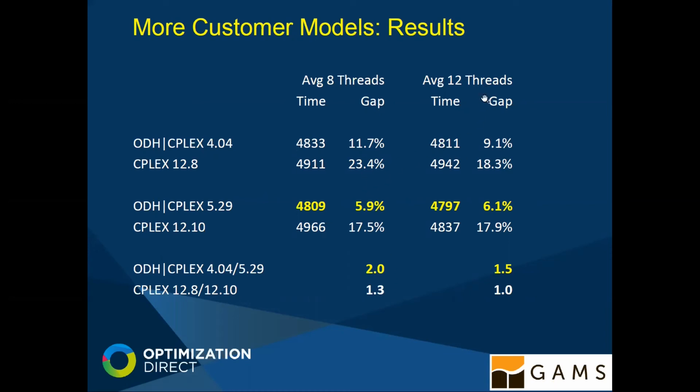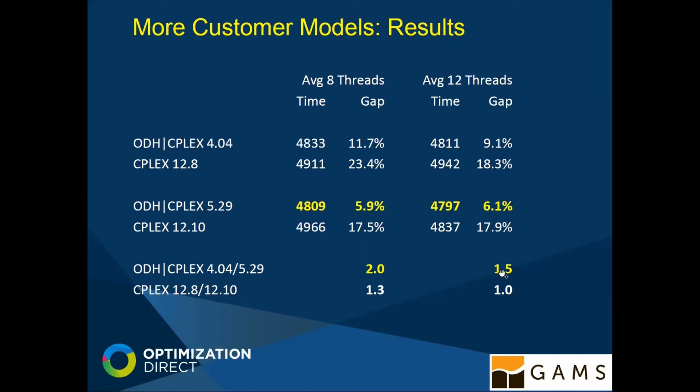There's a similar-ish story on 12 threads. Just by chance, the 12-threaded runs give you pretty much the same average gap as the 8-threaded runs. That's entirely by chance. Again, a bit by chance, we've got the same gap using CPLEX.